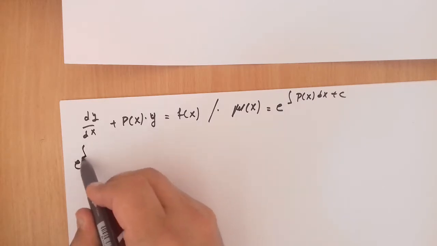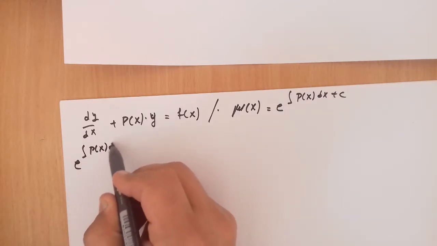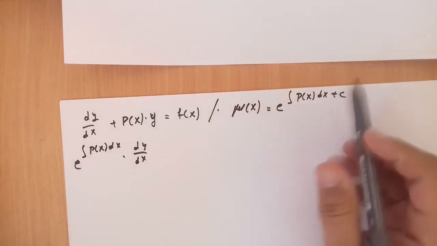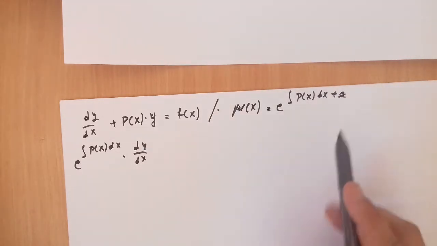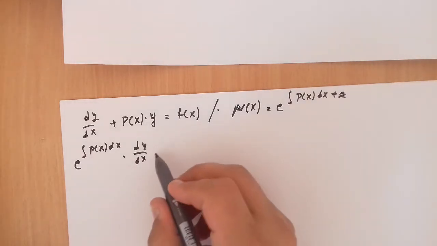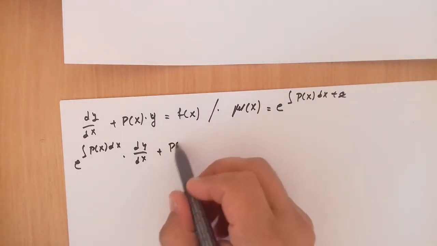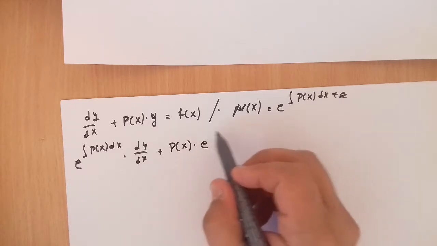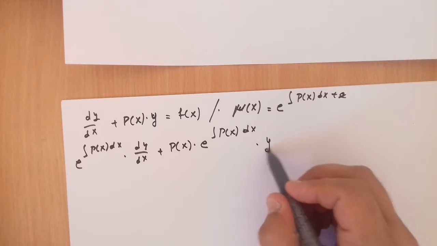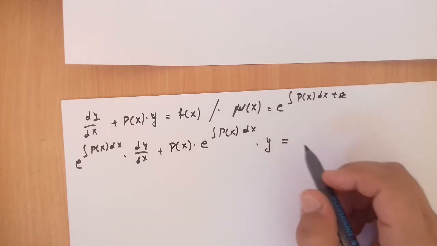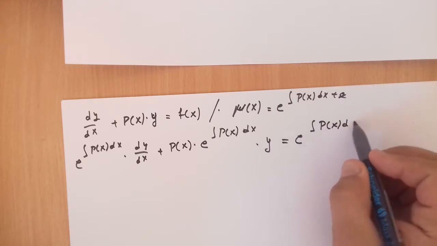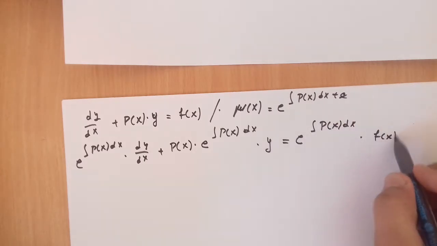So e to the integral p of x dx times dy/dx, and we can say that the constant is 0 for simplicity, plus p of x times e to the power of integral p of x dx times y, which is equal to e to the integral of p of x dx times f of x.